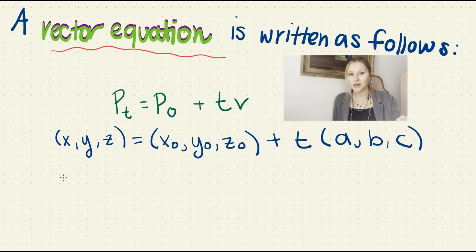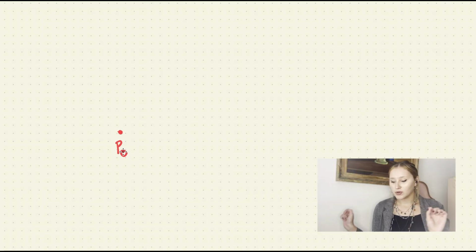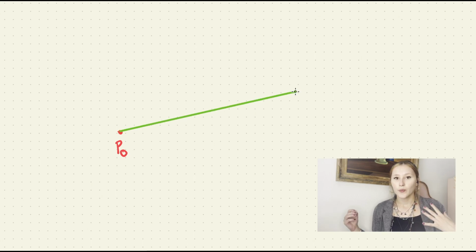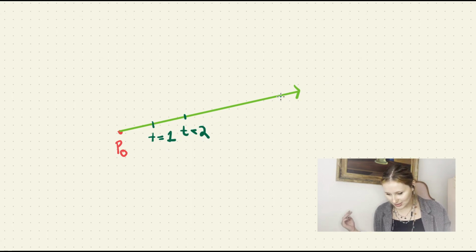However, the parameter is a one-dimensional scalar. So if you don't understand what a parameter is, think of time and a direction. So you start at a point and you move in the direction of the vector. When you multiply the directional vector by 1 second, 2 seconds, 3 seconds, etc., you're moving in a line.